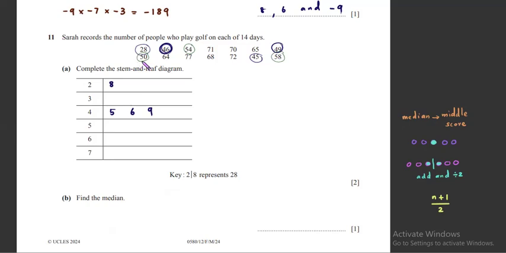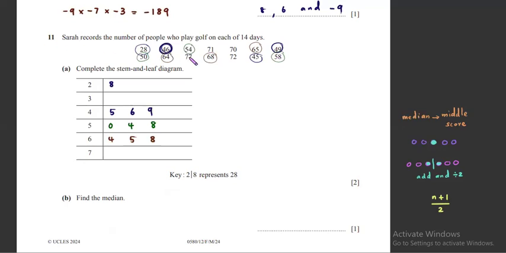So the smallest is 50, then 54, then 58. Next, when we consider the 60s, we have 64, 65, and 68. That's the order.